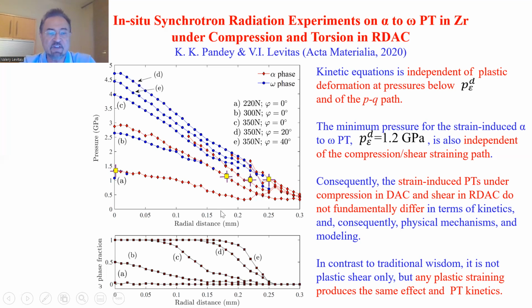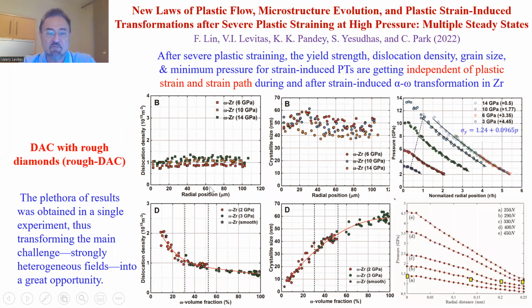And still, what we found is actually the first law for plastic strain-induced phase transition under severe plastic deformation. The minimum pressure is independent of plastic strain and plastic strain path. But even more, we found that dislocation density and crystallite size and yield strength are also independent of plastic strain and plastic strain path.